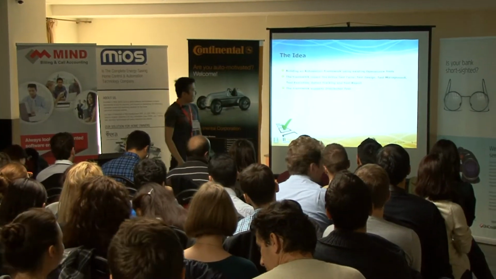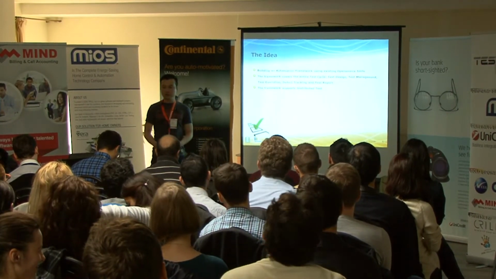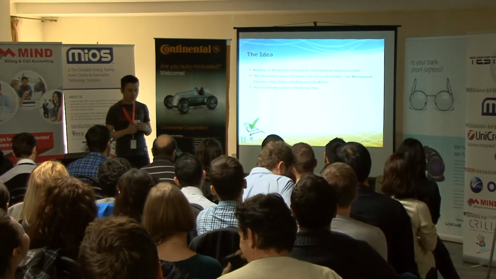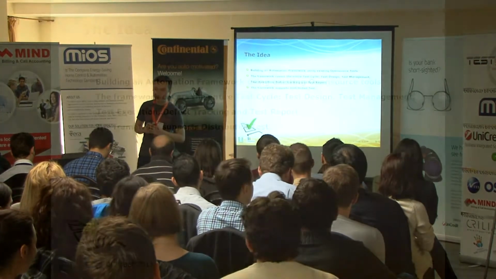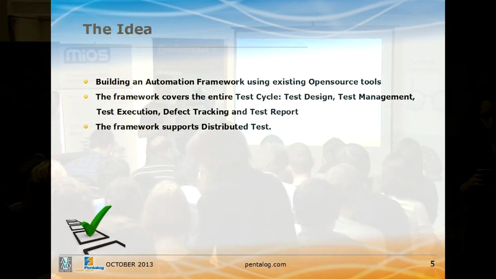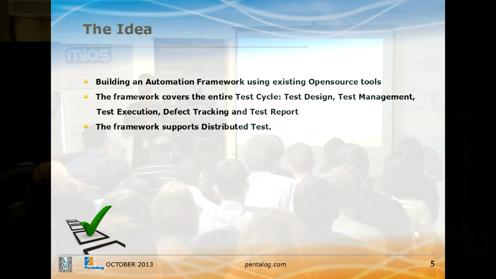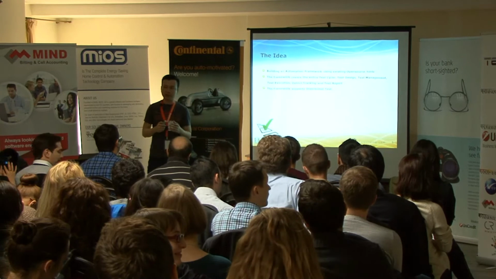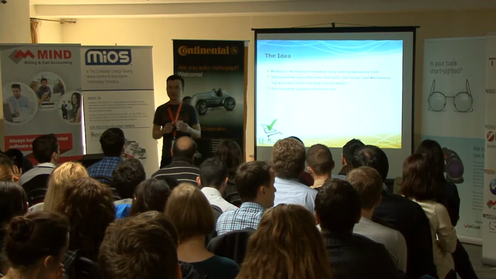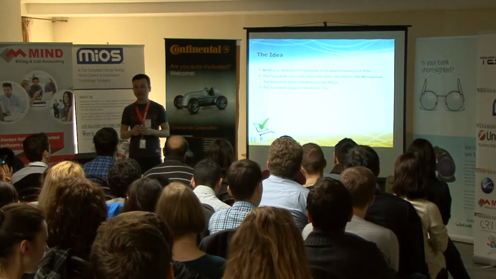So I would like to come first with the idea. The idea to build an automation framework is very simple. It comes from three main reasons. The first one, we need a framework that uses open sources, because as you know, commercial automation test tools, for example, QuickTest Professional or Rational Tester or Visual Studio Test Team, are very, very expensive.